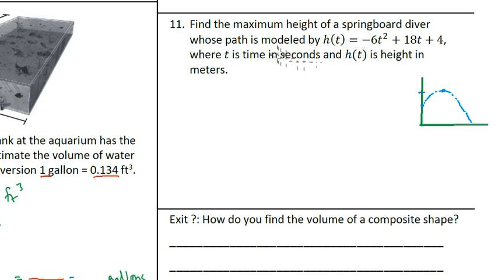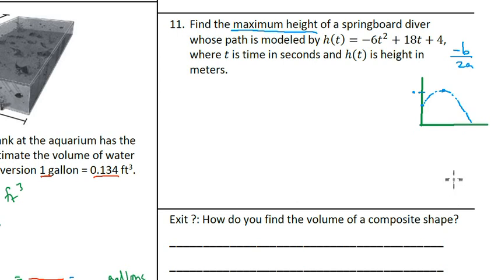So remember, we find the x value of the vertex of a standard form quadratic as negative b divided by 2a. That will give you the x value, and then you plug that into the equation for t to find the y value. And the y value will be the maximum height, or how high the diver is going to get before they start falling down toward the water.